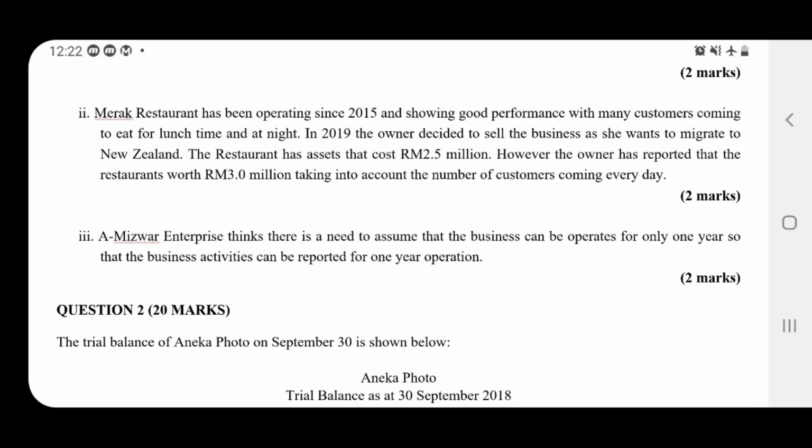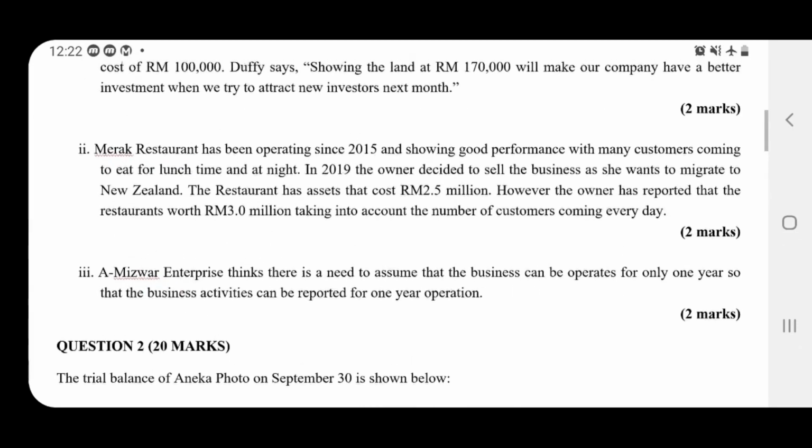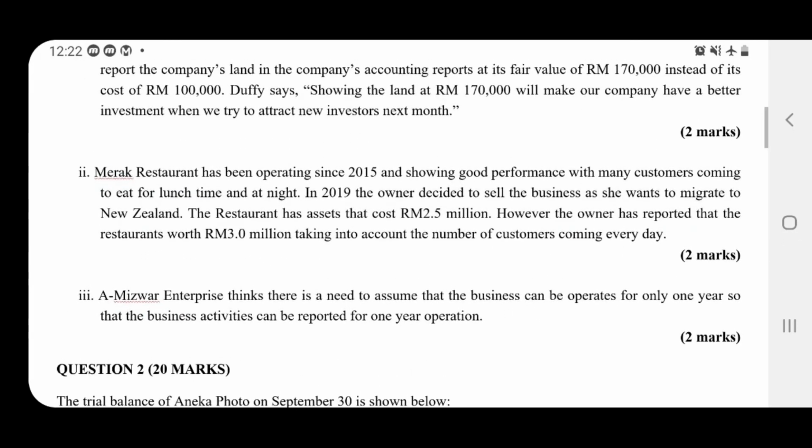In this scenario, the owner of the business is trying to record the popularity of the business, or the number of the customers that come to the business. That cannot be recorded because it cannot be measured in terms of dollar and cent. Okay, that is the assumption or principle that has been violated.